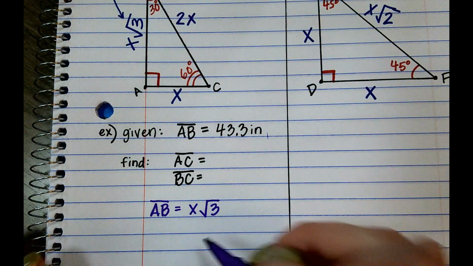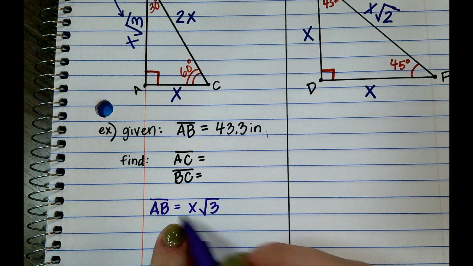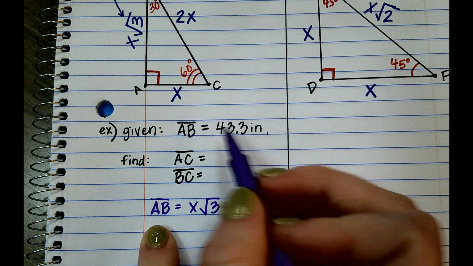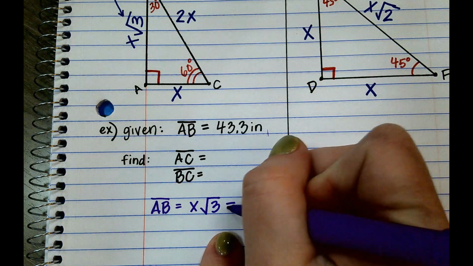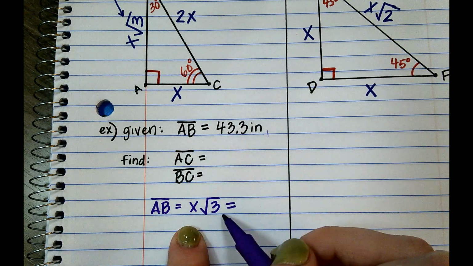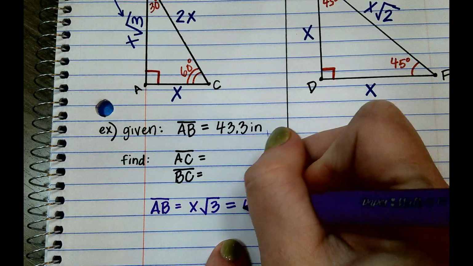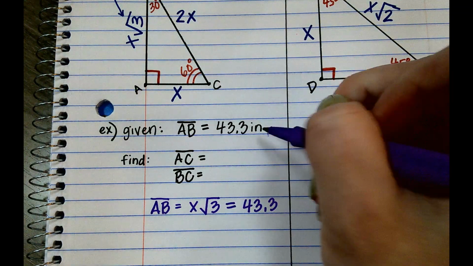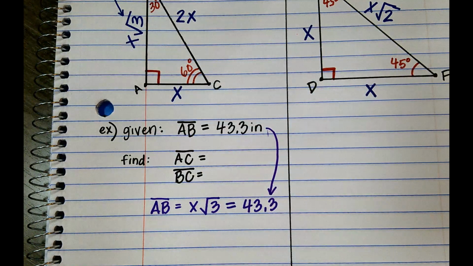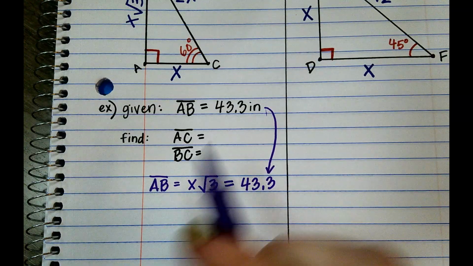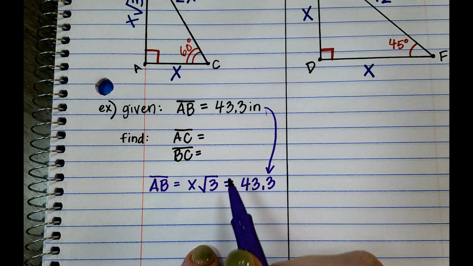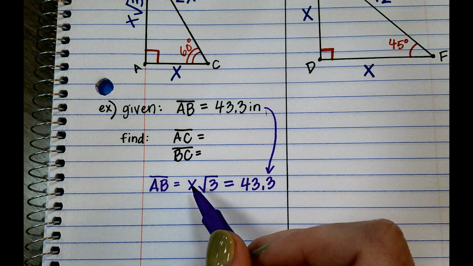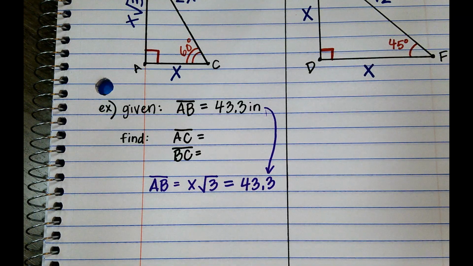So step 1 is to solve for x. I know that AB is x radical 3. I also know that AB is 43.3. So we can start by saying x radical 3 equals 43.3. And what we do here is, first of all, radical 3 is just a number. And when we have a number next to x, it means that number times x.